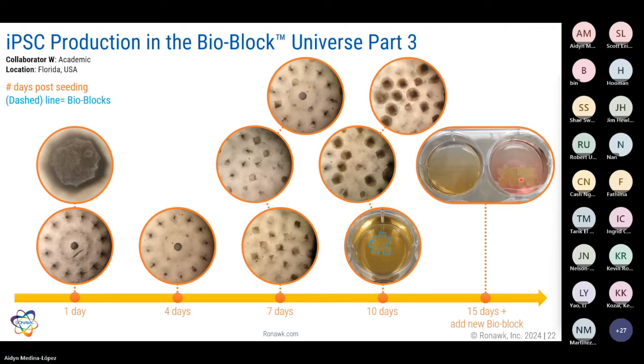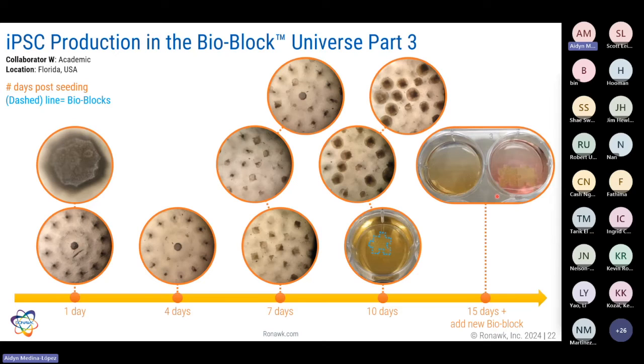And what they decided to do was to connect an empty block right here and see how the cells migrated and proliferated into the new culture environment, and then proceeded to the original block to get differentiated. But before they differentiated the block, they decided to test those aggregates that were coming out of the block.